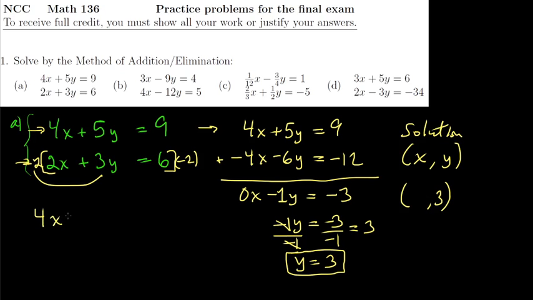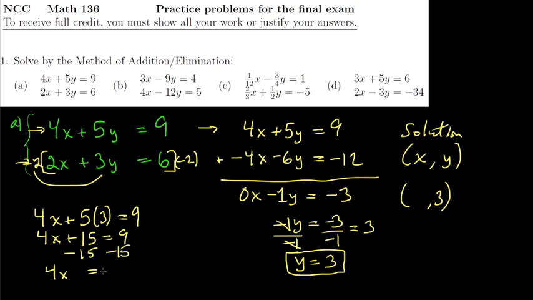So 4 times x plus 5 times y, but remember we know now y is 3, and that equals 9. So 4x plus 5 times 3 is 15, and that equals 9. Now we just subtract the 15 from both sides, leaving you with 4x on the left and 9 minus 15 on the right. 9 minus 15 is negative 6.